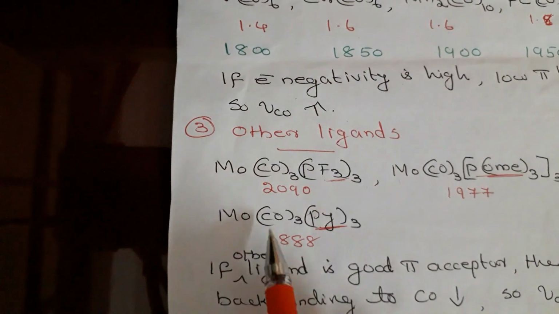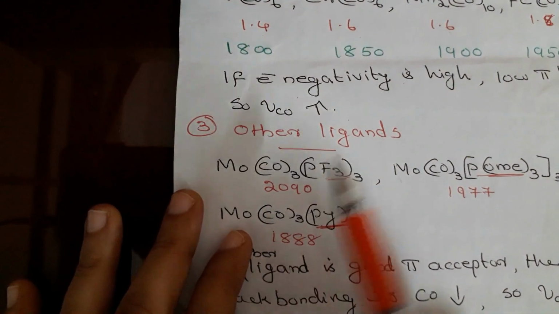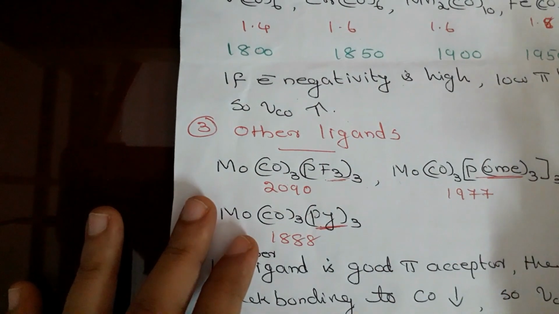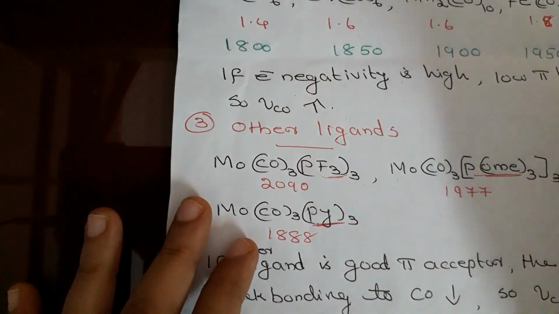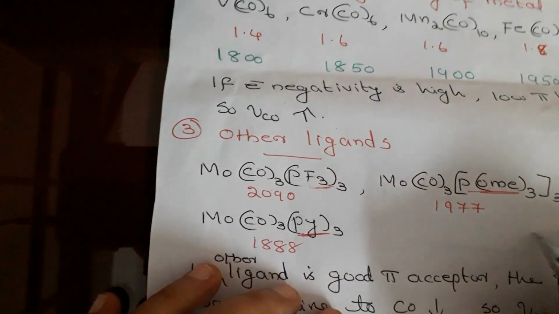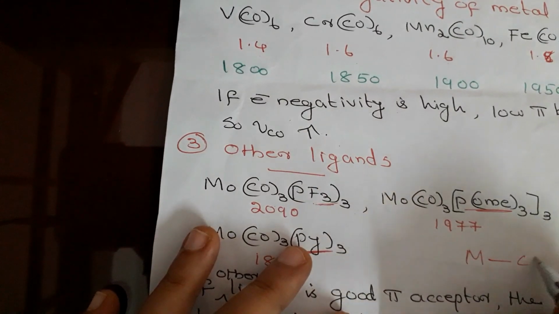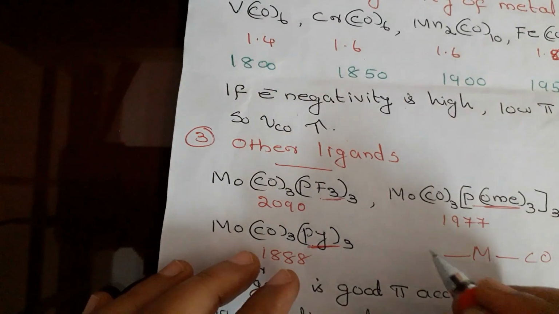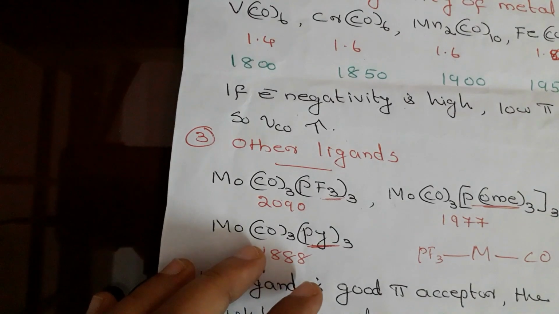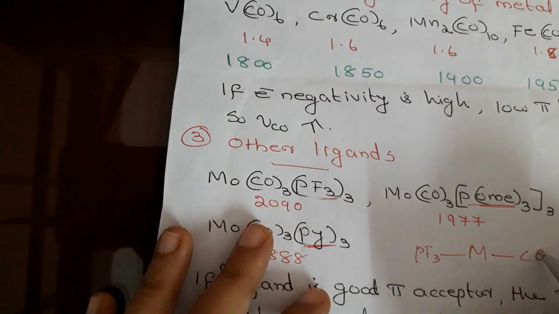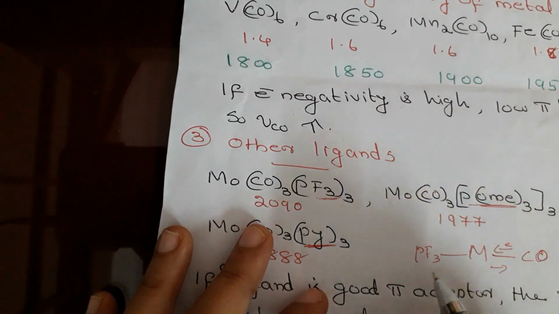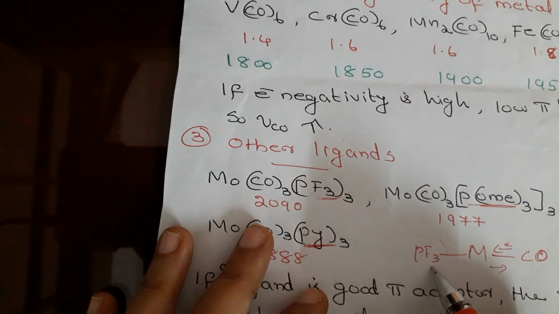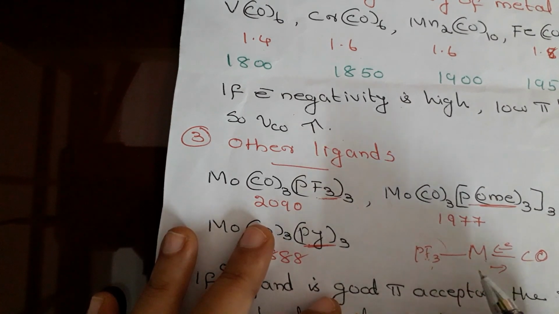Okay. Then other ligands, if some ligands other than CO are present. If the other ligand is a good pi acceptor, what will happen?